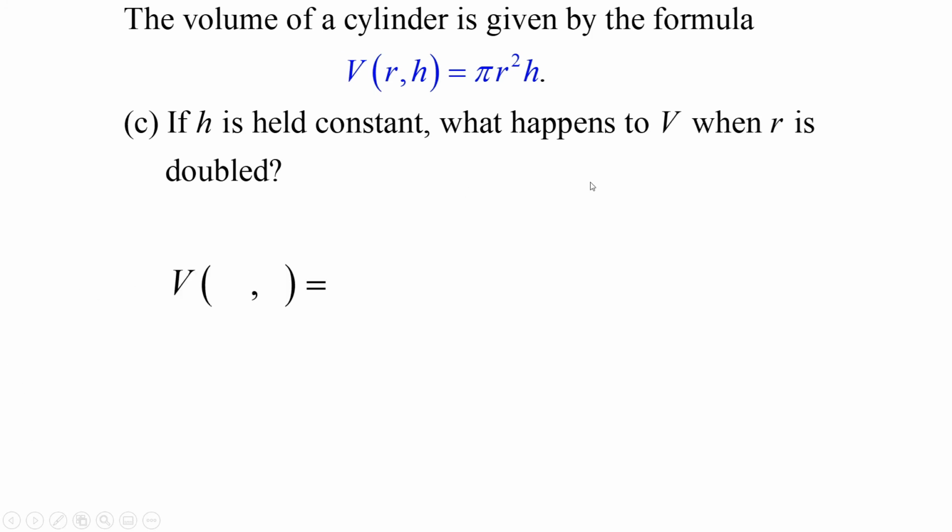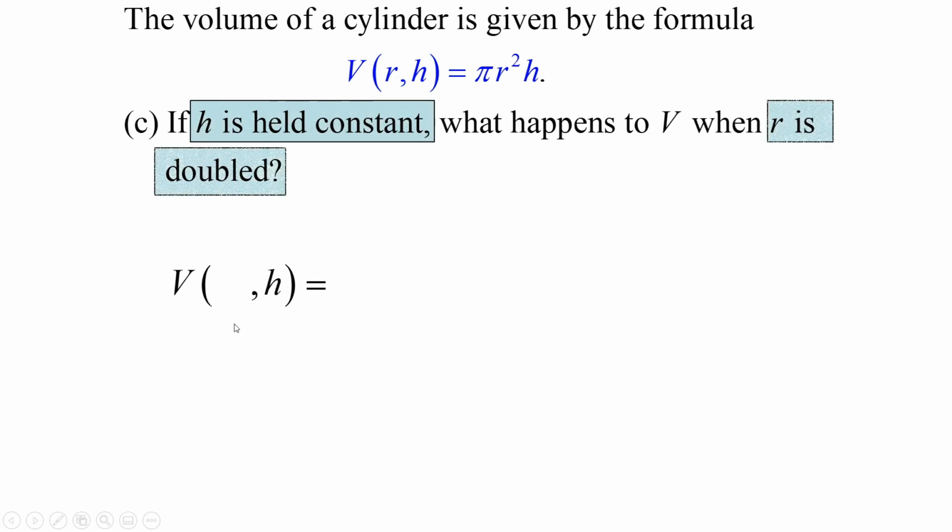So now I'm going to double the R. So this R is now 2R, and the H is constant. Okay, there we go. So what would that do to my formula? Well, I've got pi, and now instead of r squared, I have 2r squared. And if I square that 2, I get a 4. And then pi r squared h becomes 4 pi r squared h.